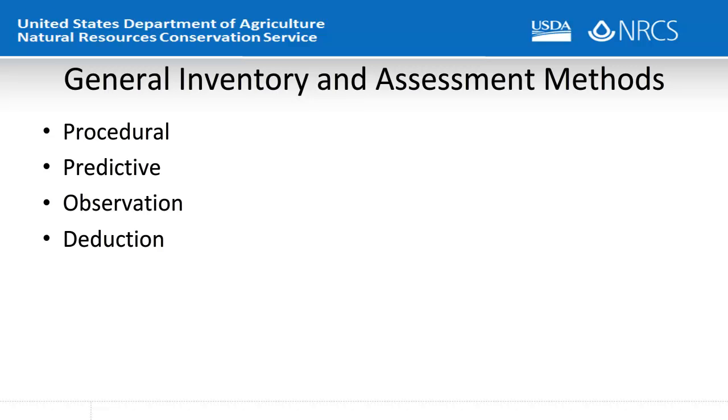Russell II, WEPS, IET, and WinPST are predictive tools. We use observation methods where we visually observe conditions in the field. And we use deduction methods where we use reasoning to determine what condition results from certain actions.